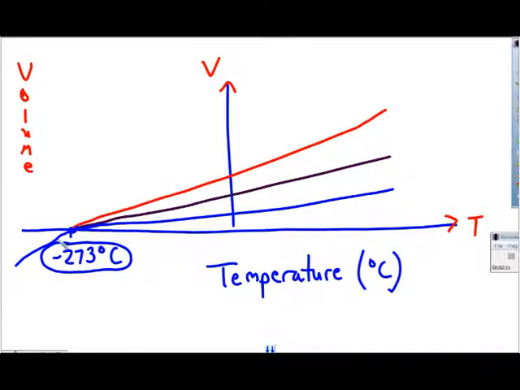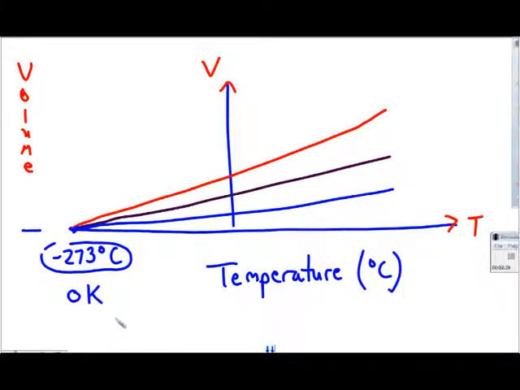And so what scientists did, they didn't want to deal with negative temperatures anymore. And so they said, all right, well, the lowest possible temperature is negative 273. So instead of working with negative numbers, let's just make this 0.